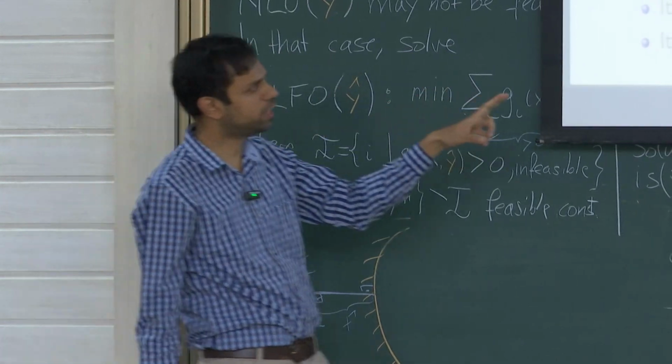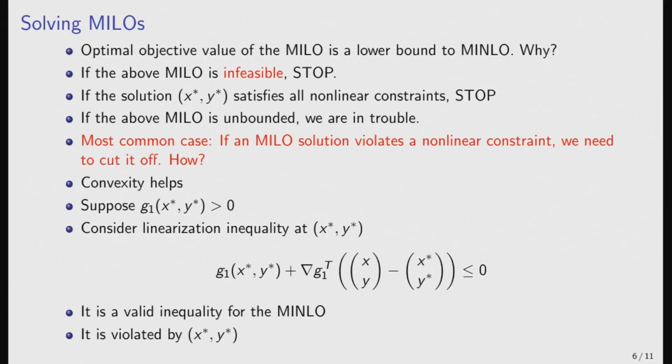The second point is that if I put x star, y star in this, I will see that it actually cuts off the point x star, y star. Look at these two things. We already assumed that g1 is more than 0 at this point, and if I put x star, y star in this expression, I get g1 at x star, y star less than or equal to 0.